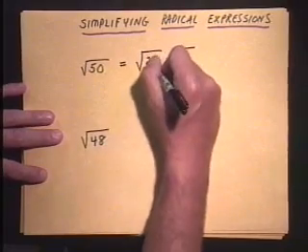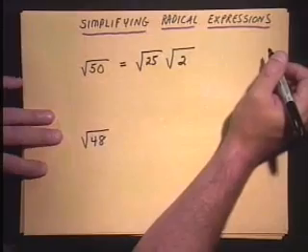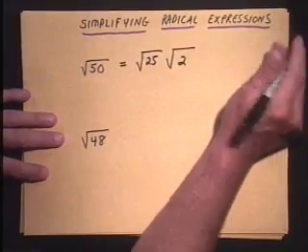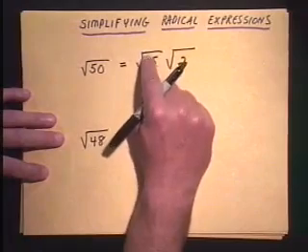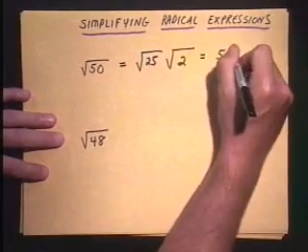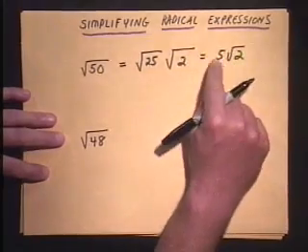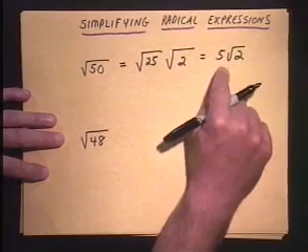So in this case, I think the square root of 25 times the square root of 2 works the best. Now we know the square root of 25 is 5, and we end up with 5 times the square root of 2.